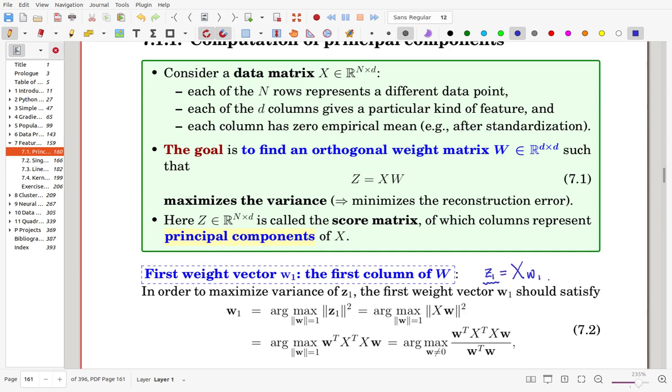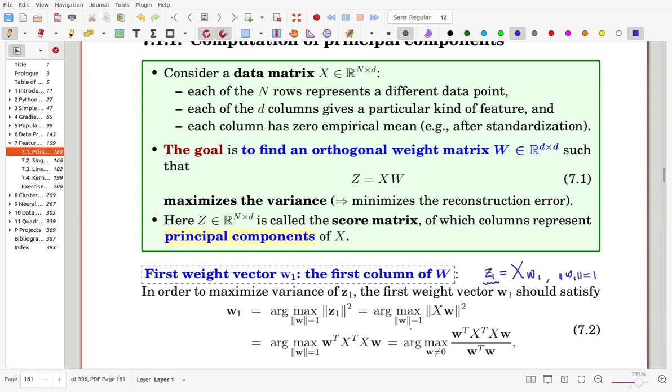Here, of course, the norm of W1 must be 1, so that here we are maximizing the norm squared of XW with the norm of W being 1. That is a mathematical formulation, and the W which maximizes that norm squared of XW is called W1.